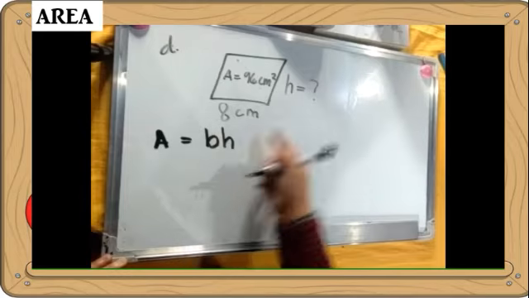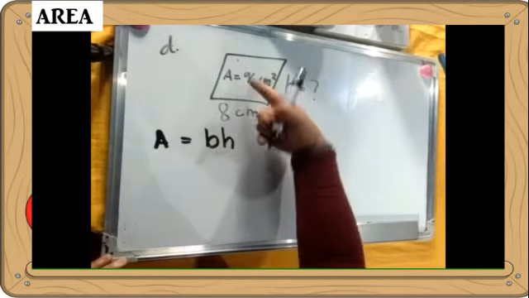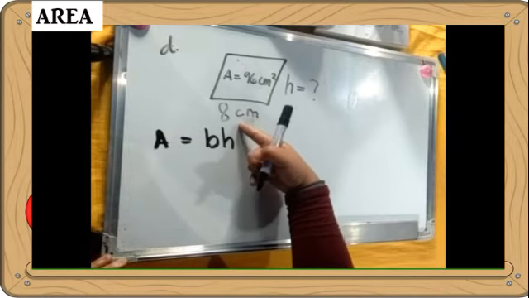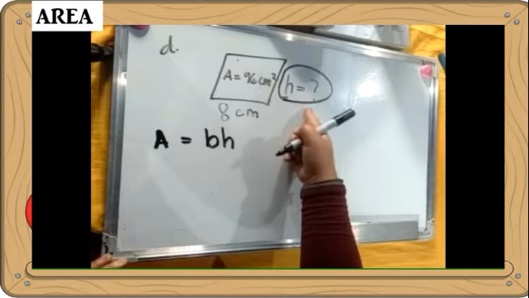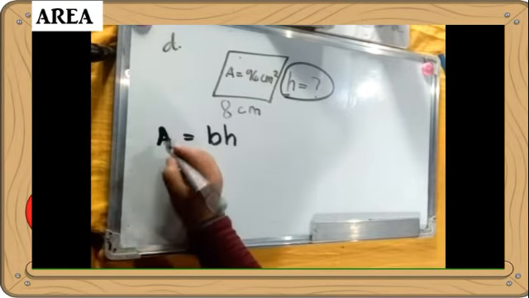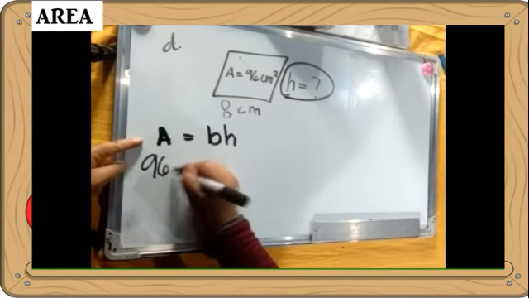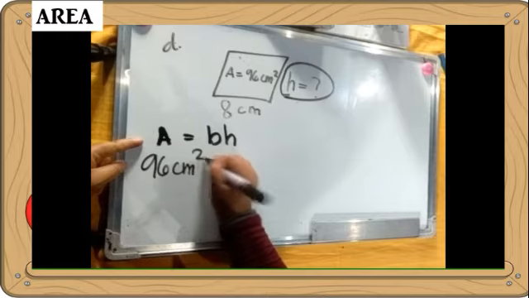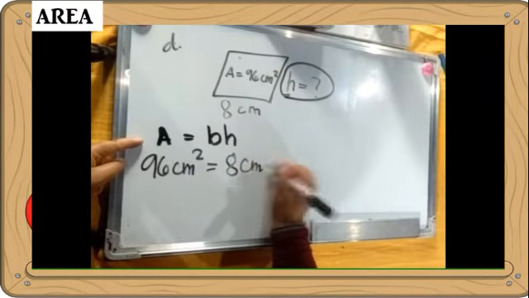Okay, so sa ato ang example, given ang ato ang area and also the base, but unsay kulang ang ato ang height. So we are going to find the height. So we have ang atong area given man, which is 96 centimeter squared, equals, what is our base? It is 8 centimeter. What is our height?